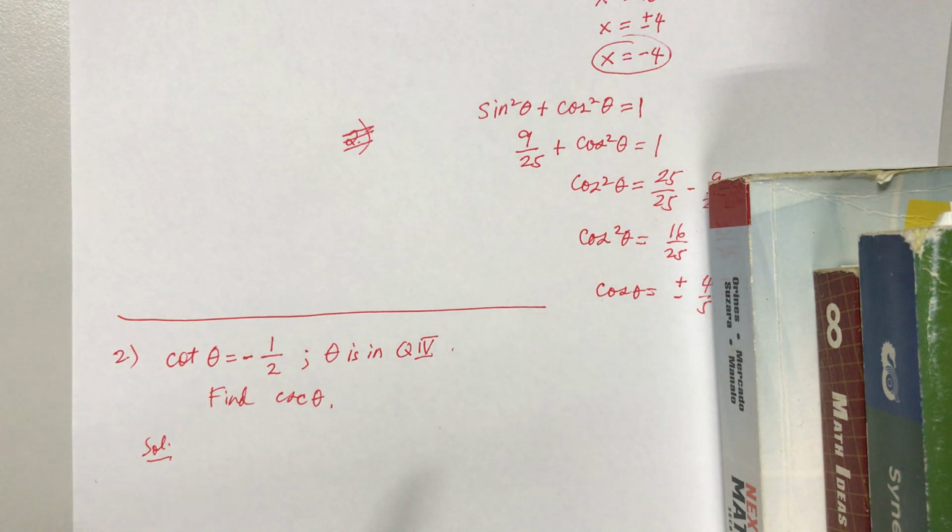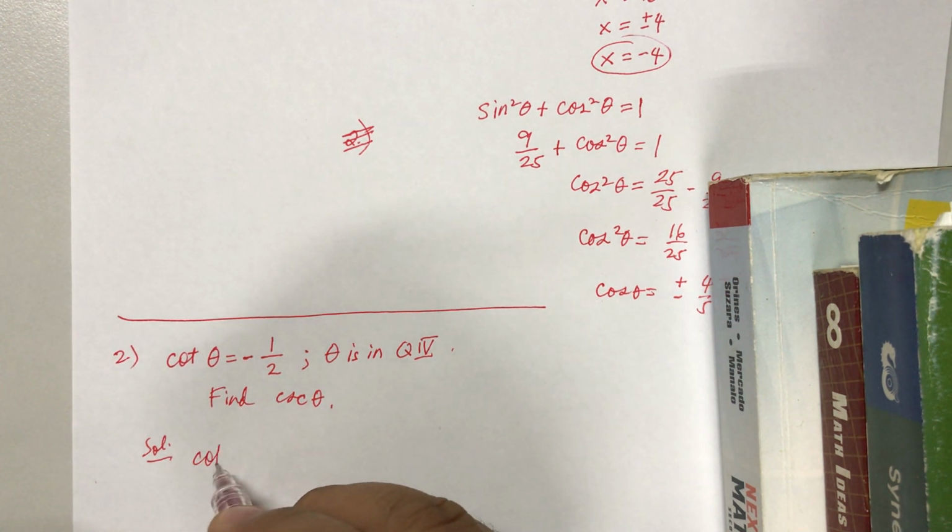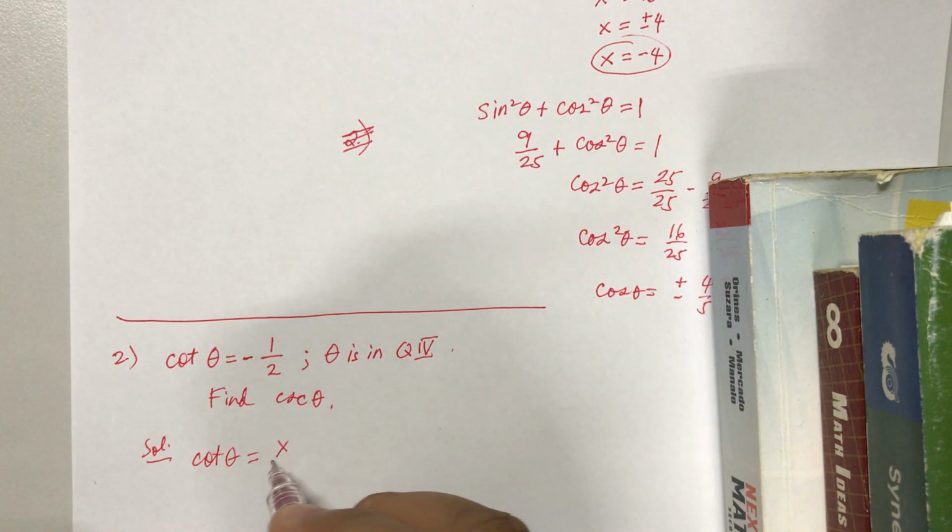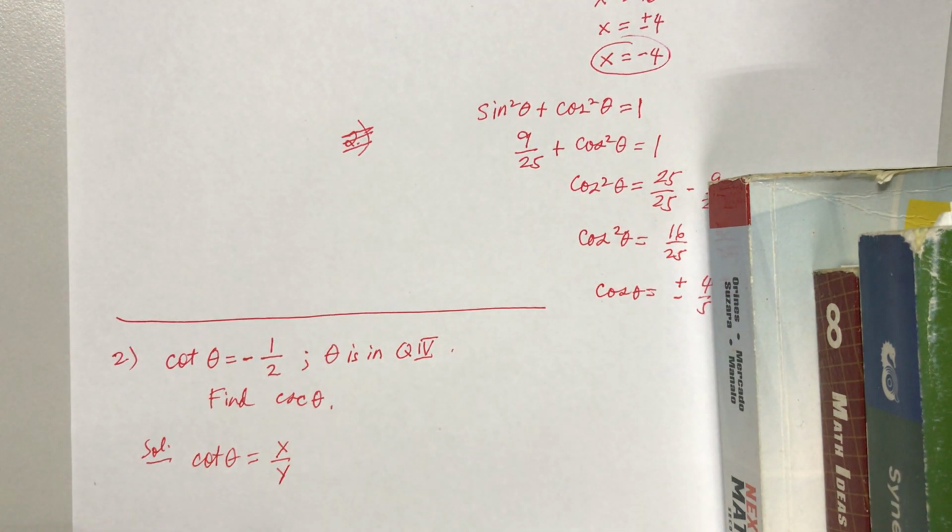Ask yourself, what is the definition of cotangent theta? Cotangent theta is defined as x over y. Again, cotangent theta is x over y.